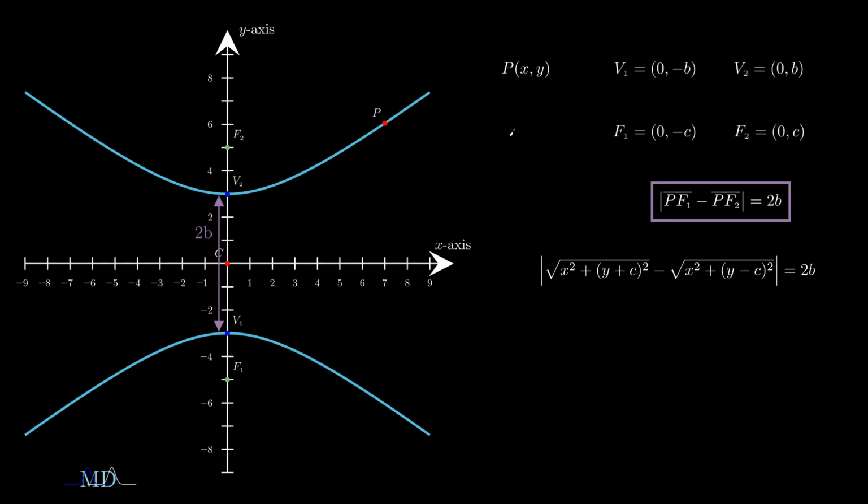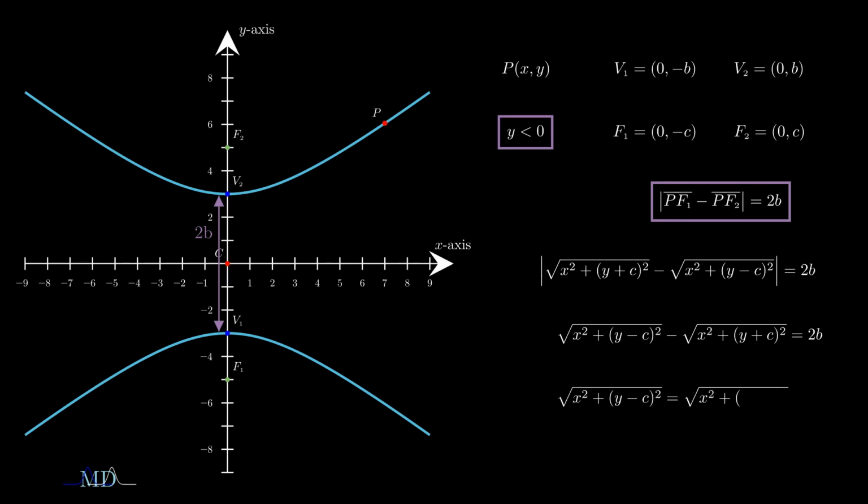Let's see how the equation changes. In this case, we derive the equation for y less than 0. But you can do it for y greater than or equal to 0, and you'll find the same equation. So y less than 0 implies that we have to change the sign of the quantity within the absolute value. Therefore the square root of x squared plus (y minus c) squared minus the square root of x squared plus (y plus c) squared equals 2b.